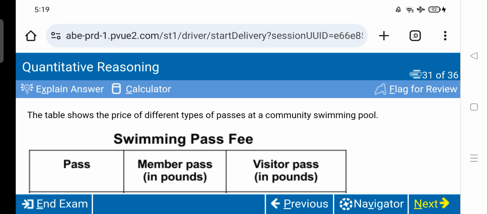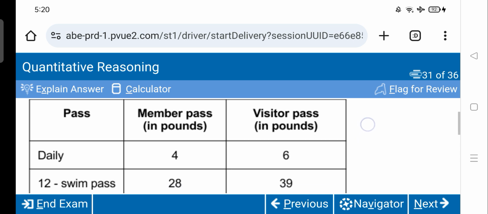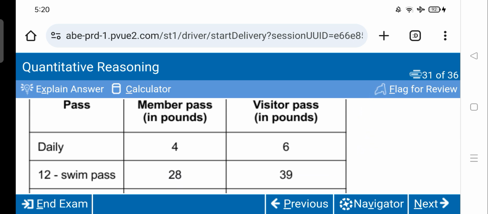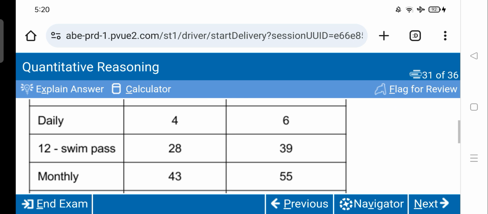Next question is, the table shows the price of different types of passes at a community swimming pool. Swimming pass fee, and then we have a pass, member pass in pounds, visitor pass in pounds.